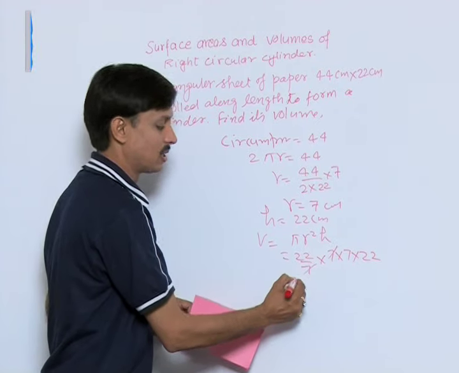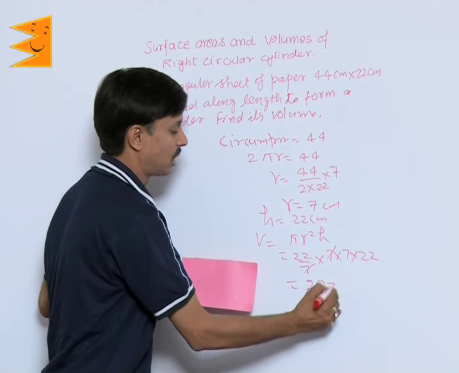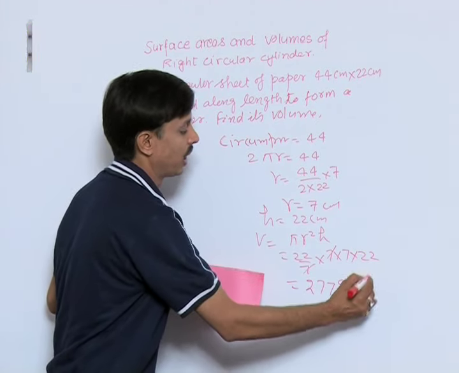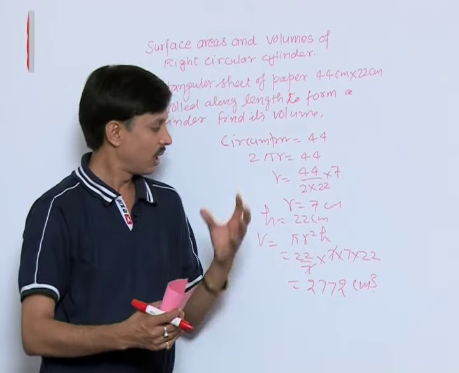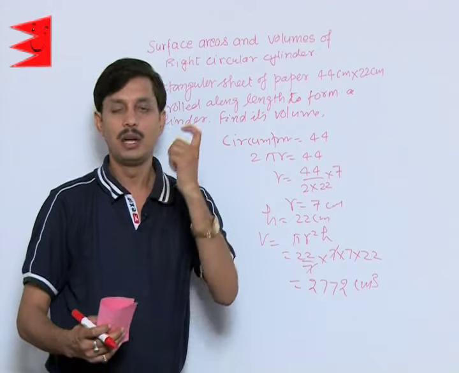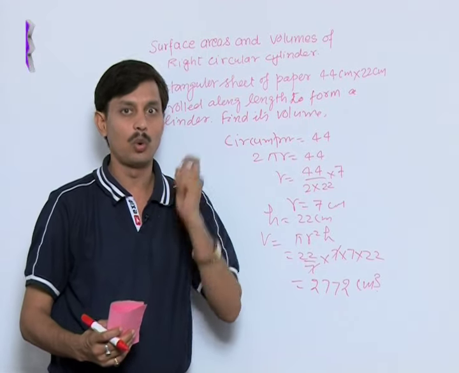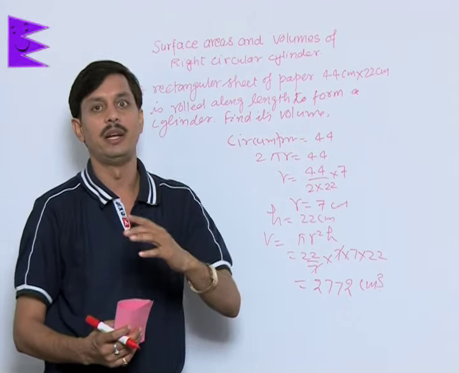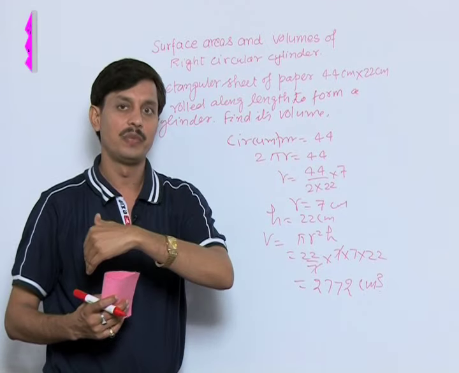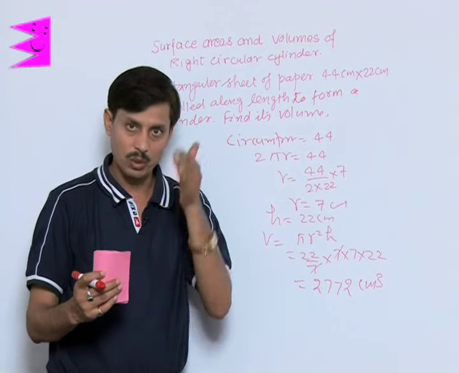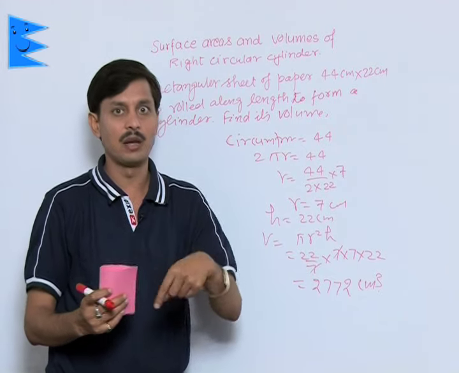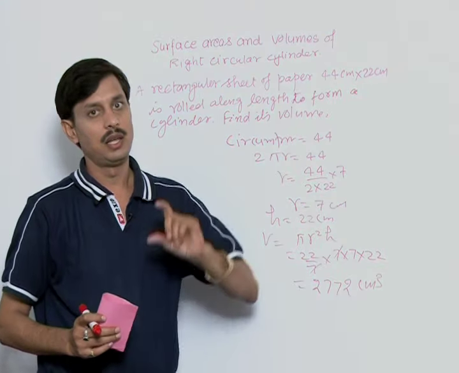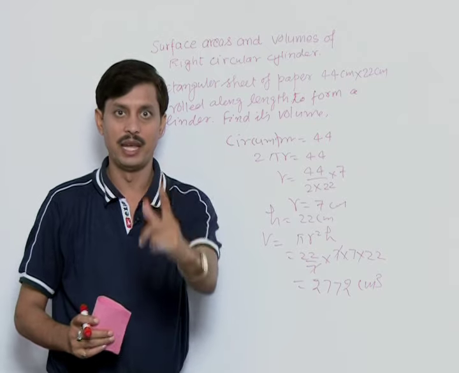So this is cancelled and the result is 2772 centimeter cube. So this kind of problems can be solved just by taking care that the sheet is rolled along which side. If it is rolled along length, length is circumference. If it is rolled along breadth, then breadth will be circumference. If length is circumference, breadth is the height. If breadth is circumference, length is the height.